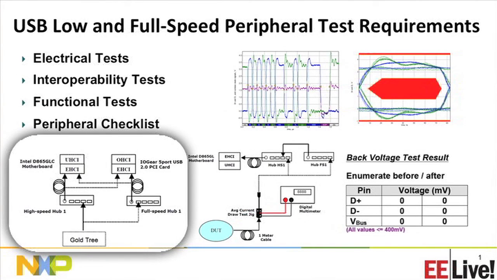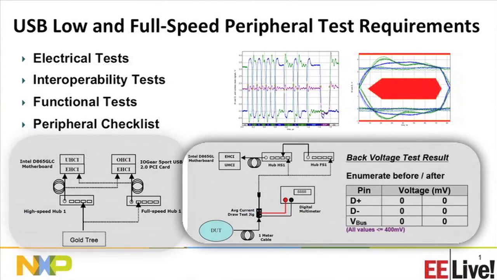Interoperability test, we have to be able to communicate with all kinds of USB host controllers. Here we have this diagram that shows how the interoperability tests are performed. And functional tests, we have to enumerate properly.